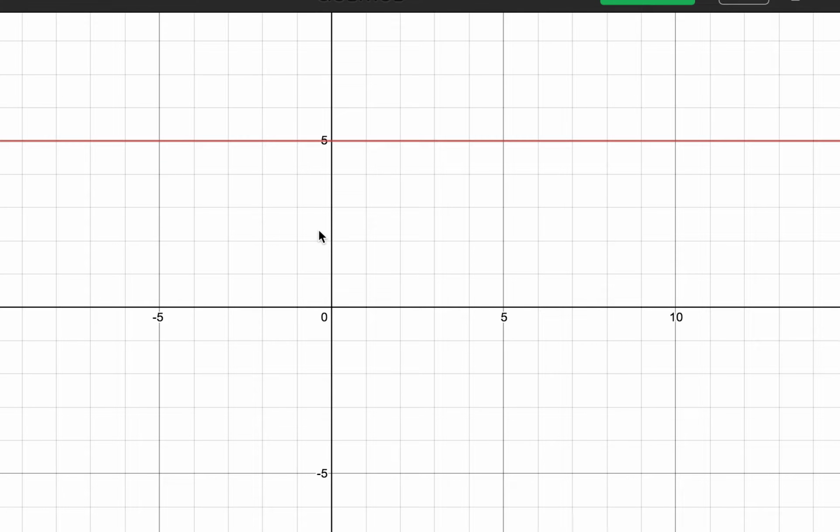So f of x equals 5 is not a one-to-one function because it fails to pass the horizontal line test. So this is y equals 5, and it is a horizontal line itself, so it fails the horizontal line test.